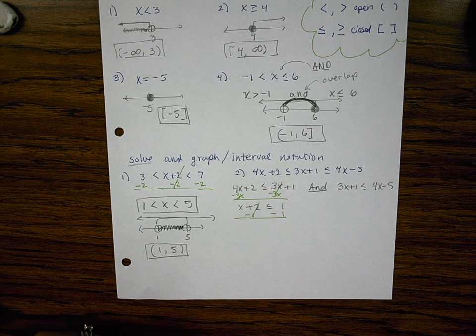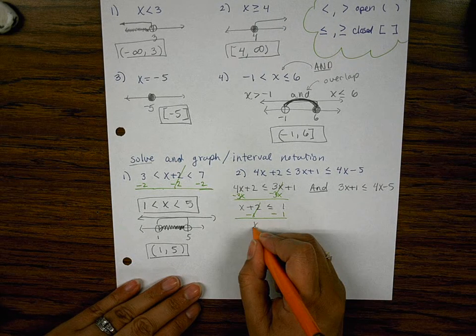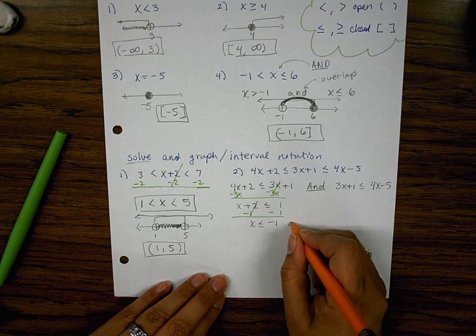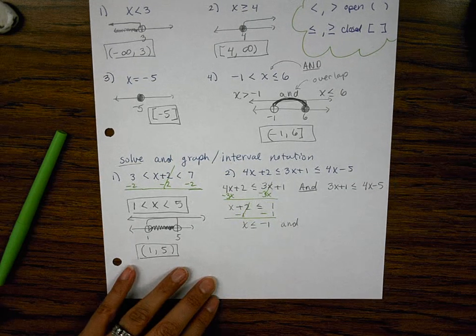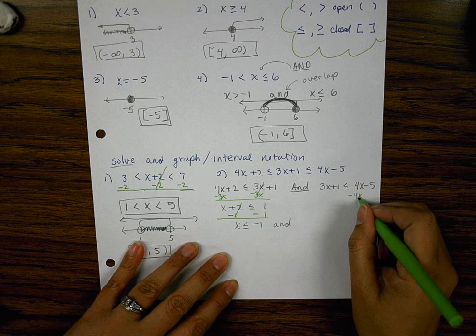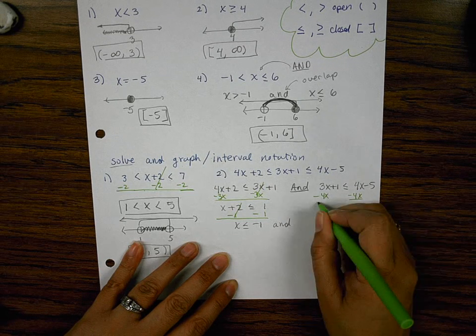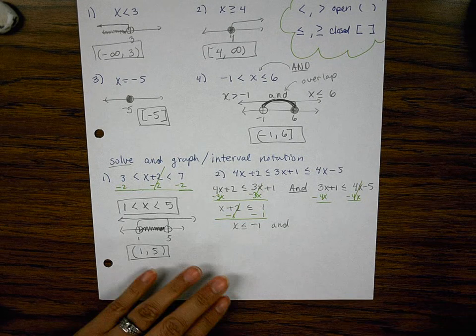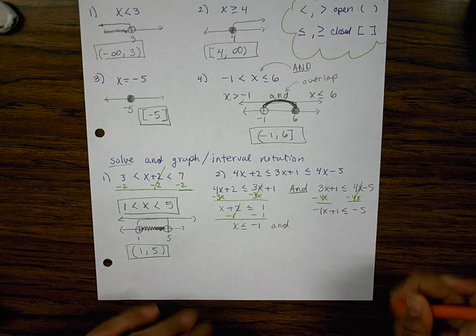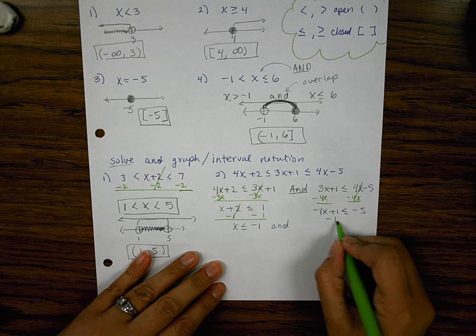Subtract the 3x. x plus 2 is less than or equal to 1. Subtract your 2. x is less than or equal to -1. And we solve the other one over here by subtracting the 4x.